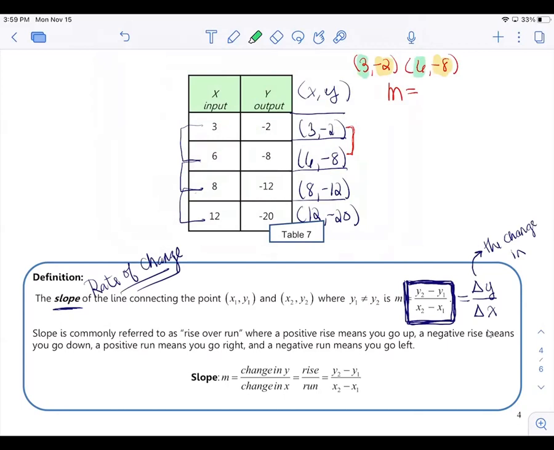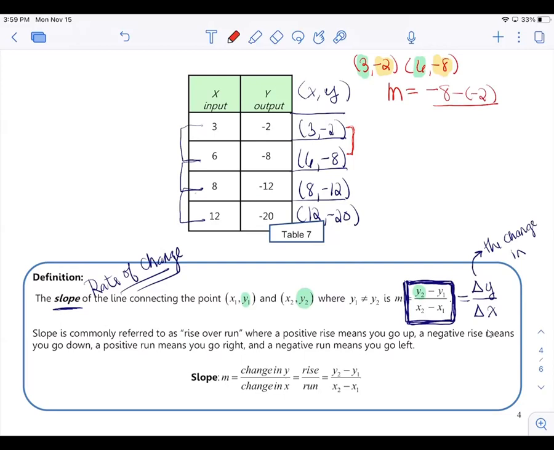Because that's the most common mistake. So what this formula says is you choose your second y and you subtract it from that first y. So my second y is -8 minus -2, divided by.